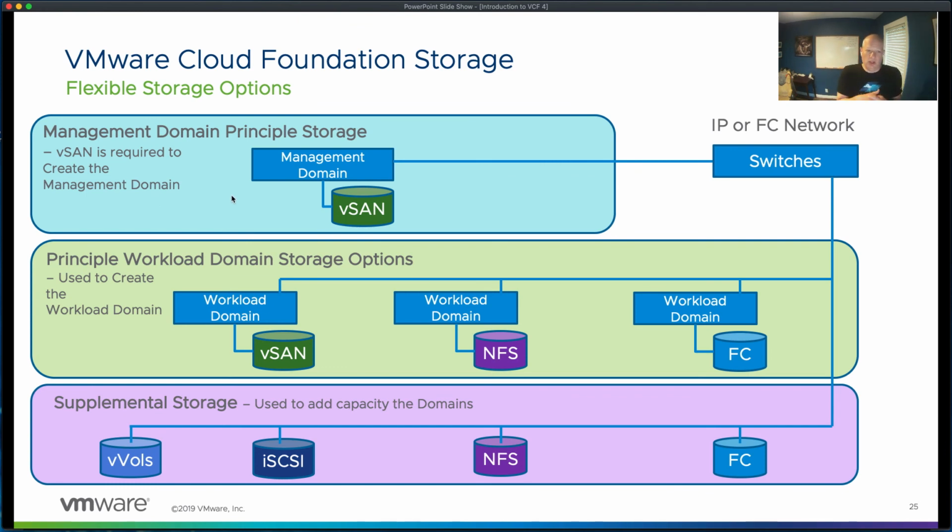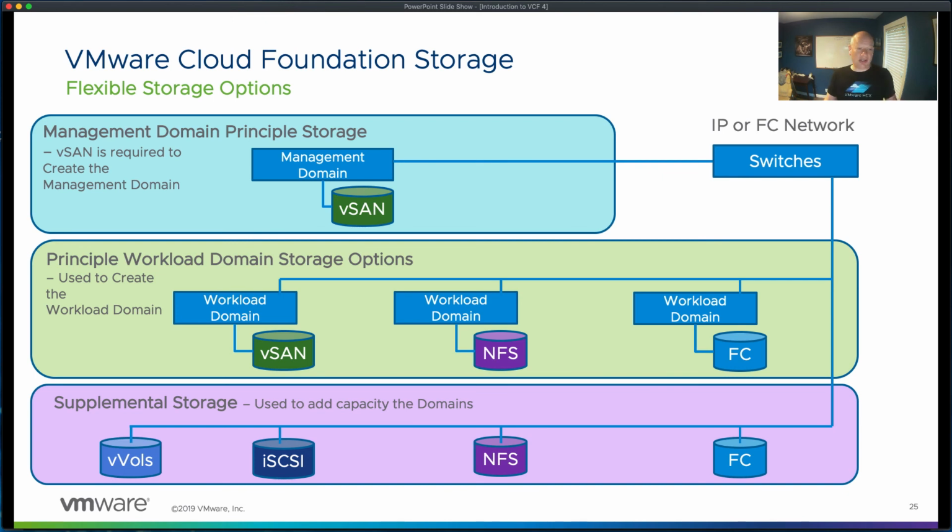Now, when you created it, that's fine. You want to add some more capacity to it using Fiber Channel or NFS, some of your existing storage infrastructure? Absolutely. You can connect your management domain or any of the additional workload domains to your IP or Fiber Channel network and connect to these different types of supplemental storage devices.